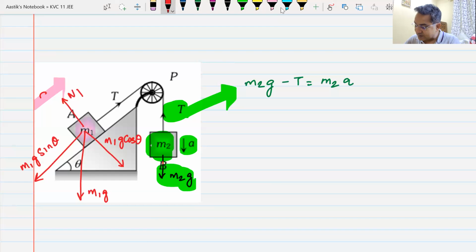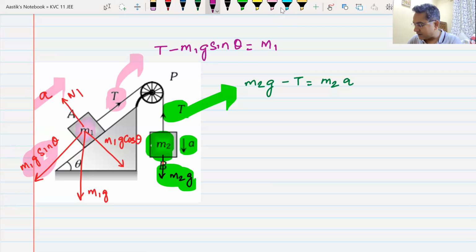The acceleration is up. So the pink equation would be T minus M1G sine theta is equal to M1A.